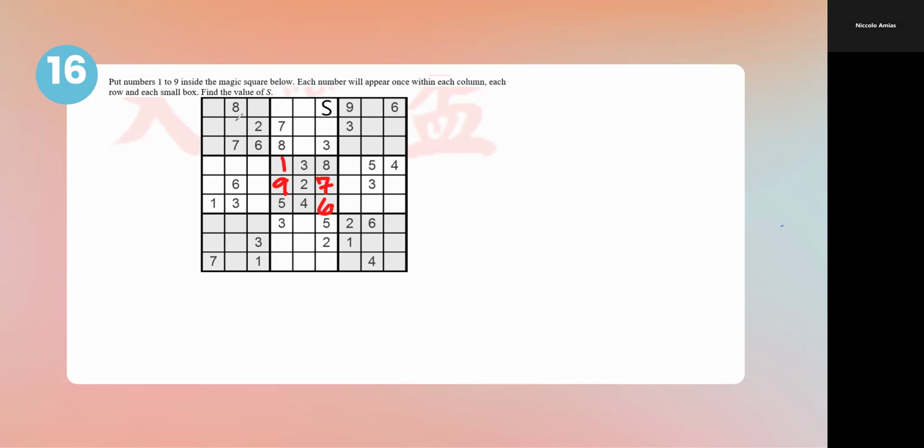Since there's already a 1 here, on the left, and 1 here, we put it in the middle of the top left square. So there's already a 2. We only need 3. So we put it on the top left, because in the middle there's a 3 and the bottom there's a 3 also.